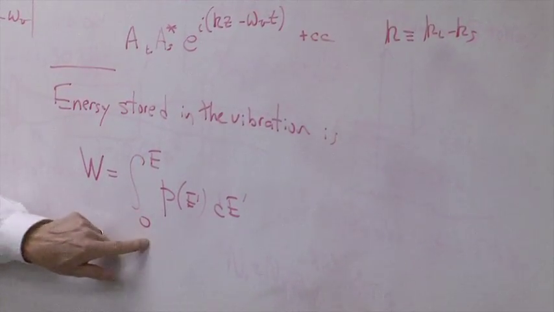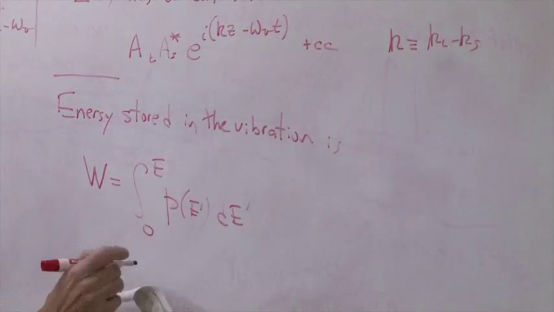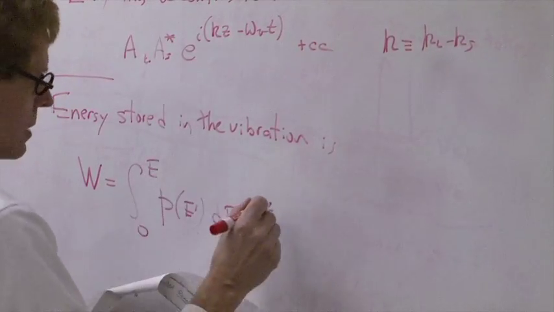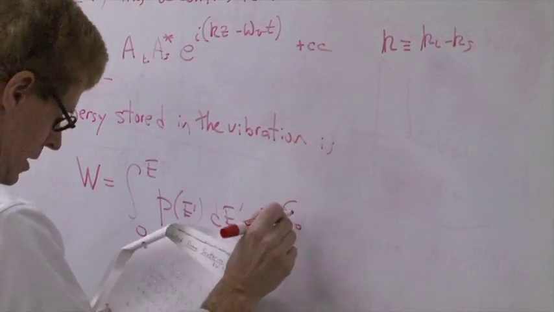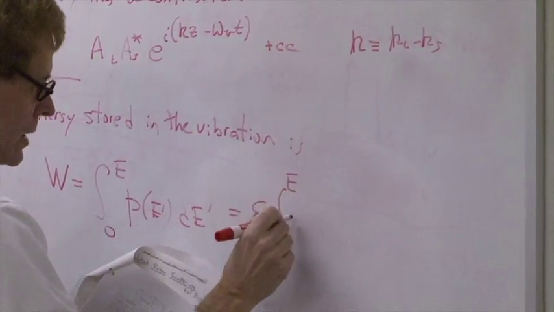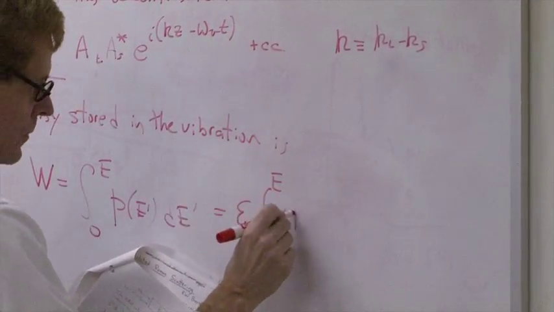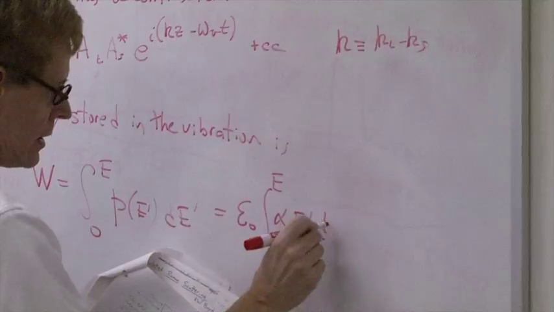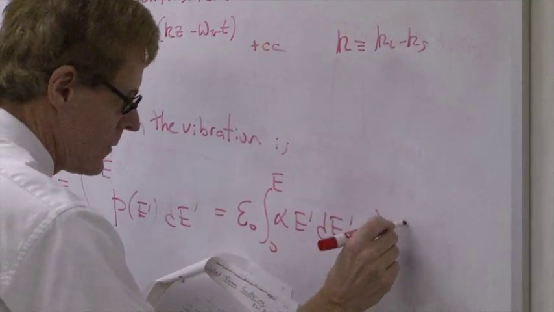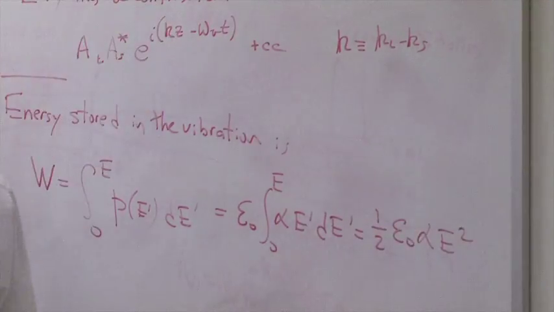You integrate this from 0 field up to the final field. So this becomes, now with the epsilon 0, integral 0 to E of alpha E prime dE prime, which is 1/2 epsilon 0 alpha E squared.